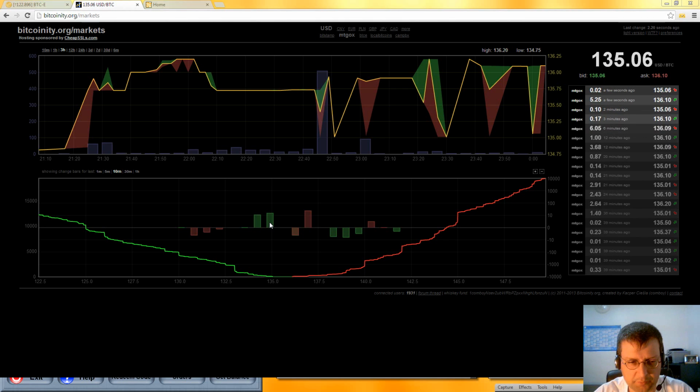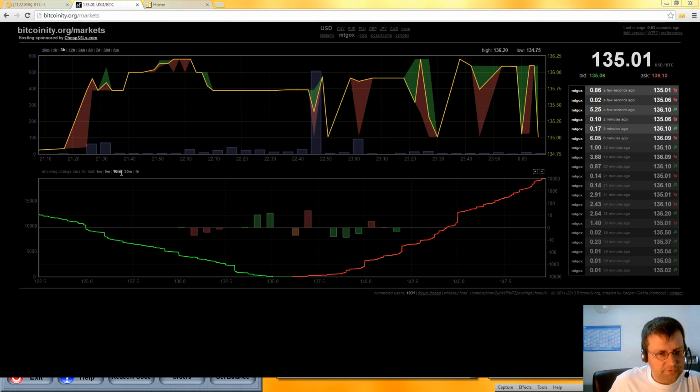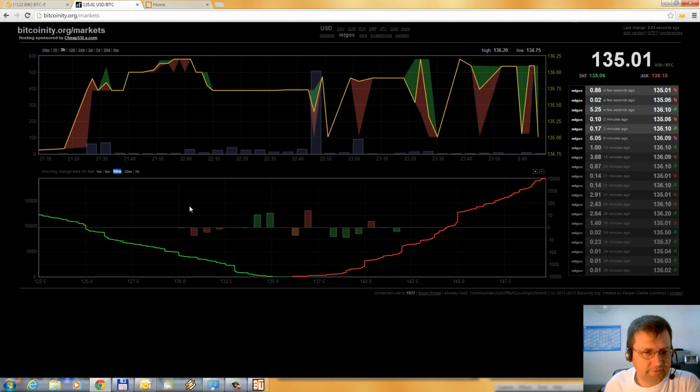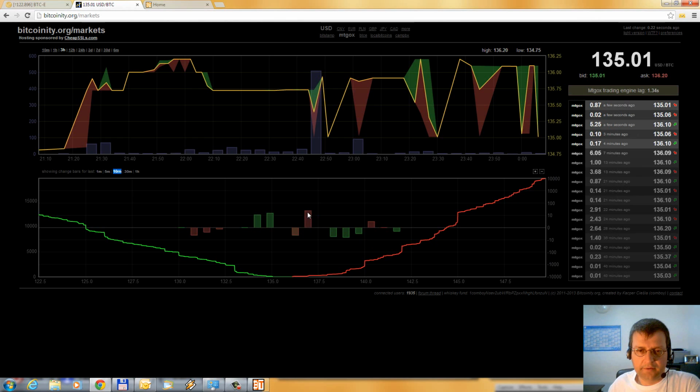So the change bars are for the last 10 minutes time frame, and just let me explain what these bars are all about. On the right, you can see this axis, and this means it's a common logarithmic scale, and this is related to these bars.